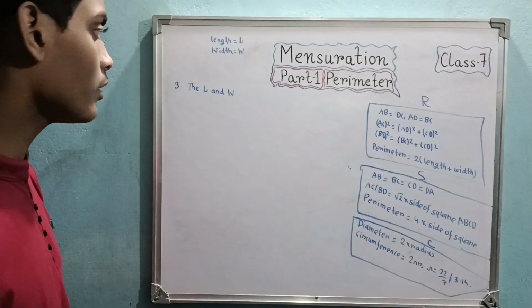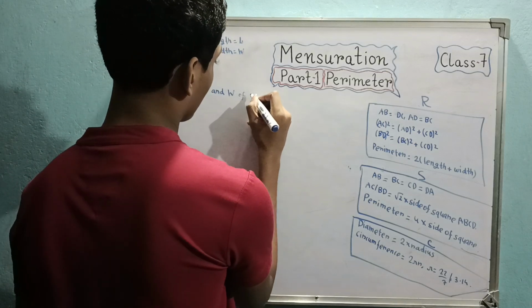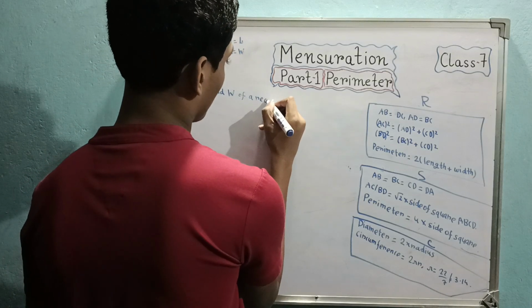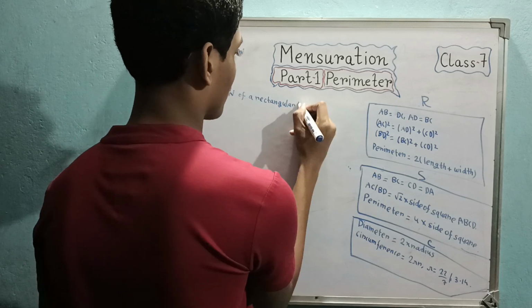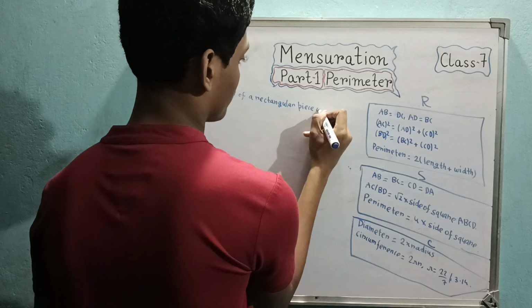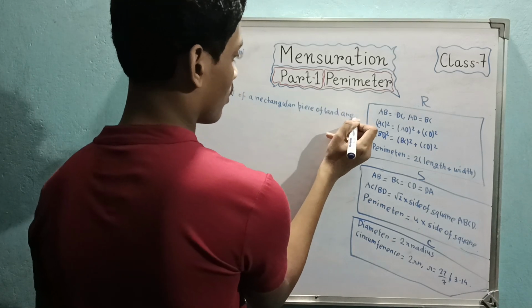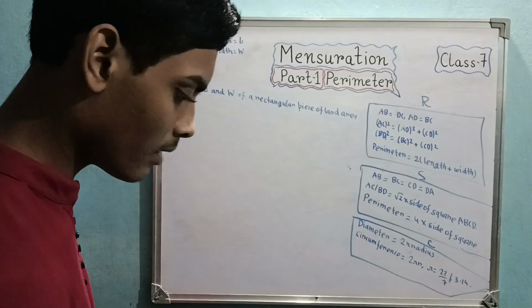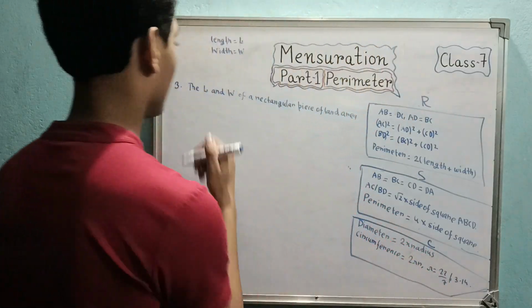So I'm better writing it as width or W of a rectangular piece of land area. It means a place, a land area, land. What are its dimensions? Are in the ratio of 5:3. Okay.